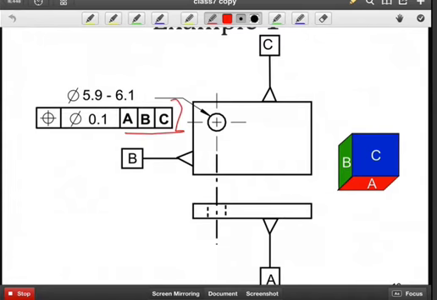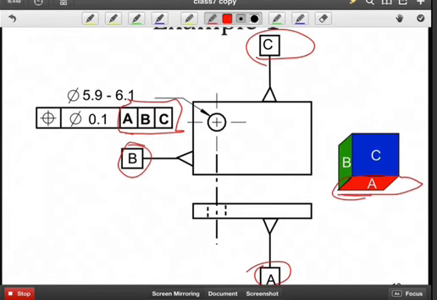So when we think about building the datum reference frame, we proceed left to right, starting with datum A, which we know to be a plane, followed by datum B, which we know to be a plane, and then finally C. And of course, we have to construct them so they're mutually perpendicular. So you can see A being the bottom of that plate, B the left face, C the back face. And now we've got a coordinate system based on an origin corresponding to this corner here at the bottom.